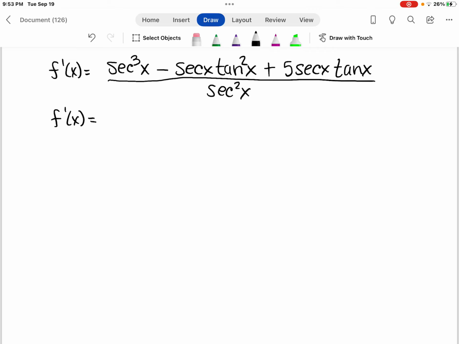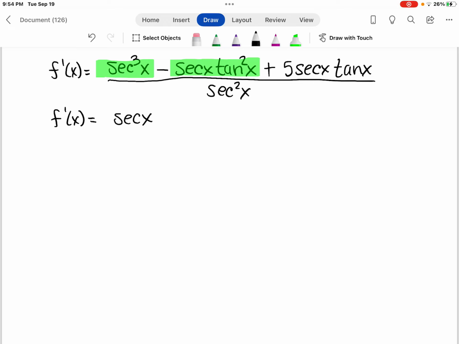Okay, now what I'm going to do is divide everything by secant squared. I'm going to do it term by term. I'm going to start with secant cubed first. So I'm going to take secant cubed divided by secant squared. That's going to leave me with a secant. Now I'm going to take secant x tangent squared x and divide it by secant squared x.